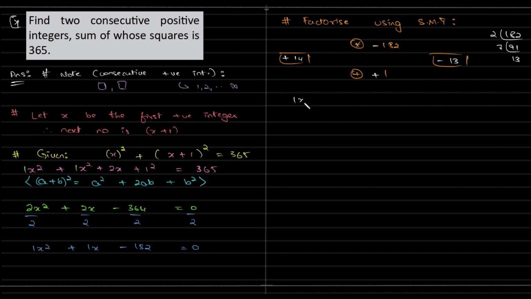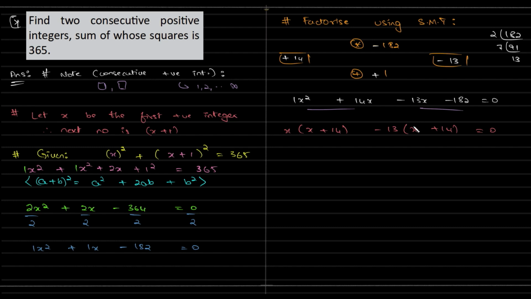And so we have x squared plus 14x minus 13x minus 182 equal to 0. So we take common x times (x plus 14) minus 13 times (x plus 14) is equal to 0.